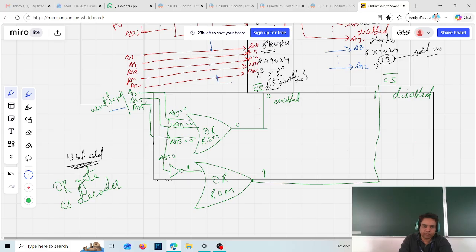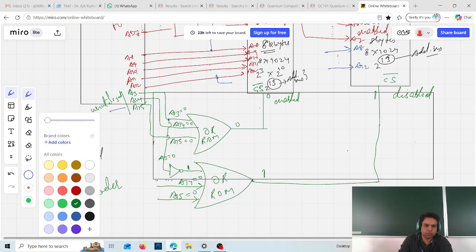Now the rest, A14 and A15, you can connect directly. No need of any NOT gate, because I know if any one of the inputs is 1, then the output is 1. So this will be 0, this will still be 0. So this is how you can disable this one. Then what about the vice versa?